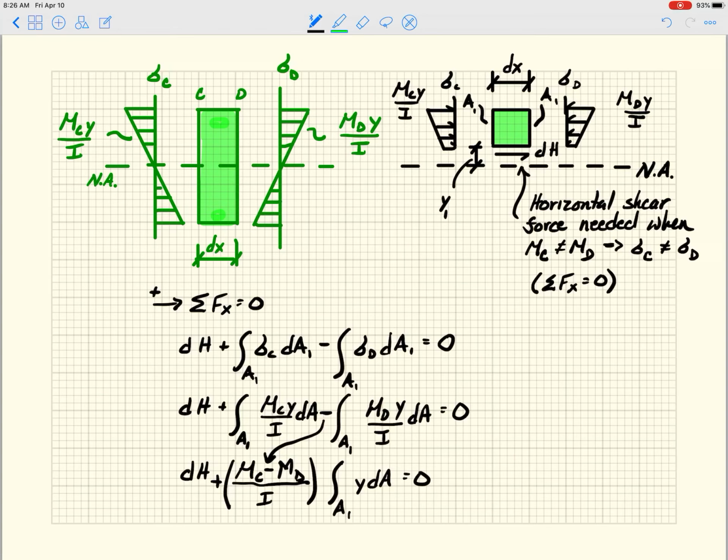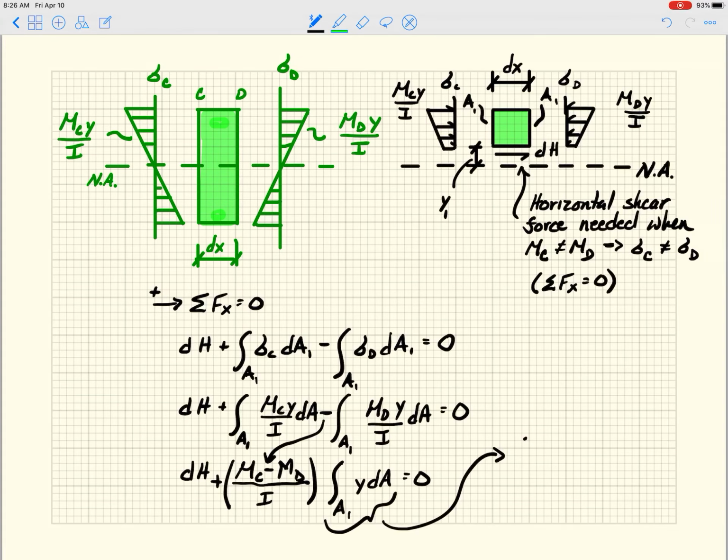Now, the integral over A1 of y times dA probably looks somewhat similar to you as the moment of inertia. Moment of inertia, remember, was the integral of y squared dA, and we referred to that as the second moment of the area.